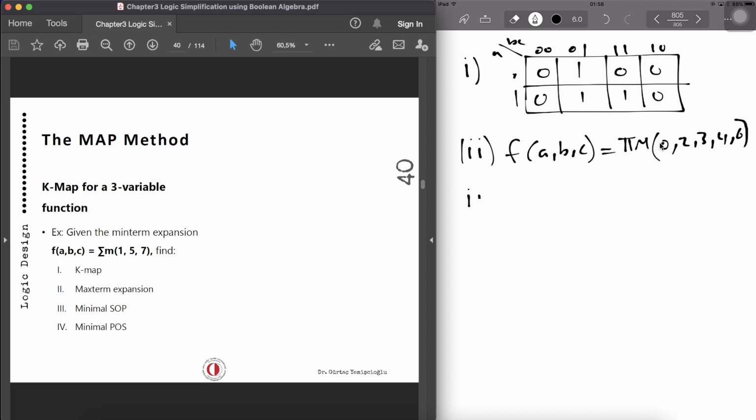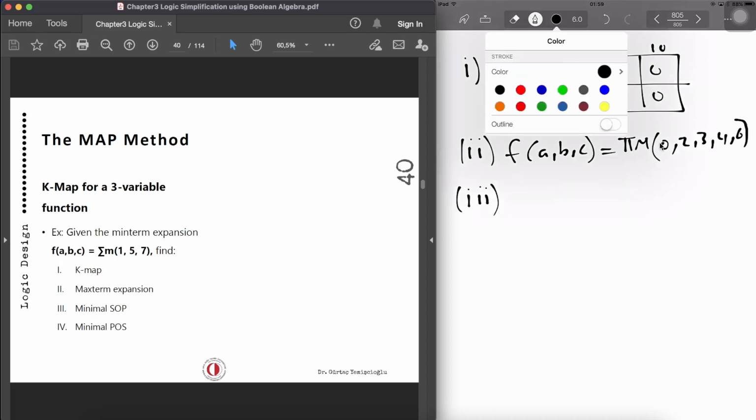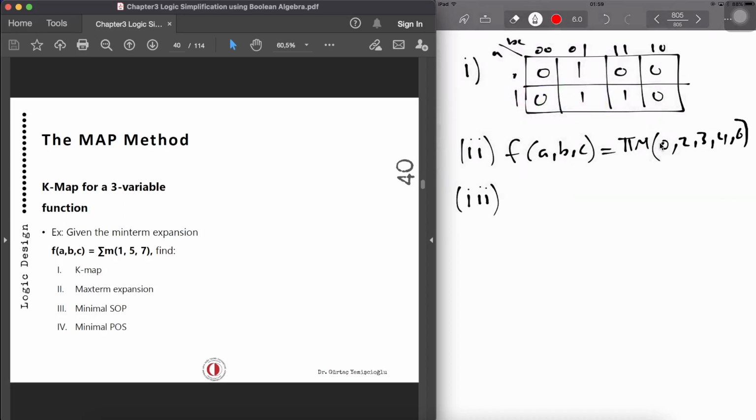Then step 3, minimal sum of product. Okay, minimal sum of product, we have to combine ones. I can combine these two, which is going to give me A is changing, it's just B prime C. And I can also combine these two, where we have got A, B is changing, but C is 1, so it's AC.